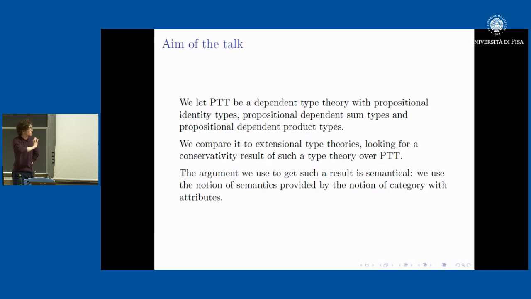The argument is completely semantical, and in detail we use the soundness of the semantics provided by the notion of category with attributes. Even though I'm pretty sure that any other semantics would have worked as well. So if you prefer to use natural models, comprehension categories, I guess the same argument can be adapted.